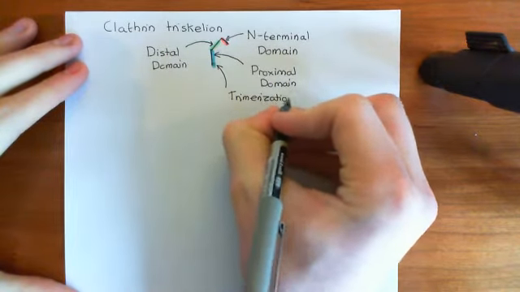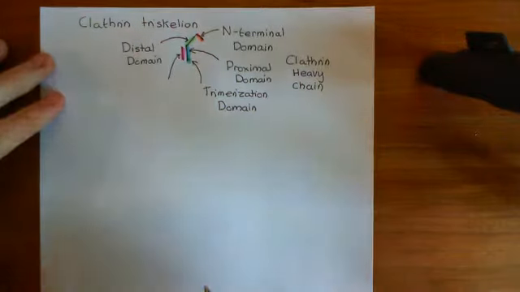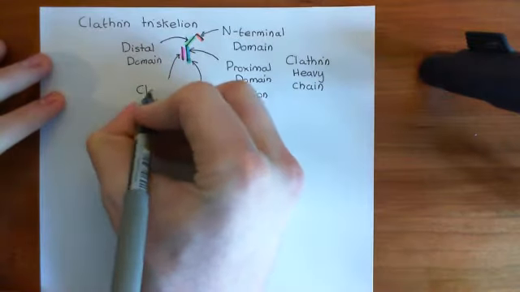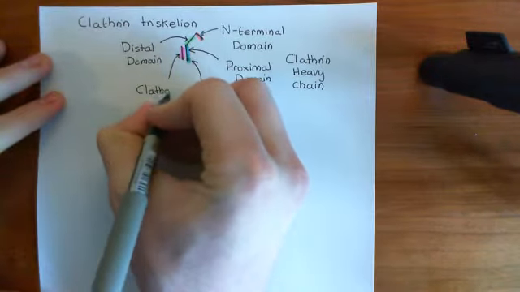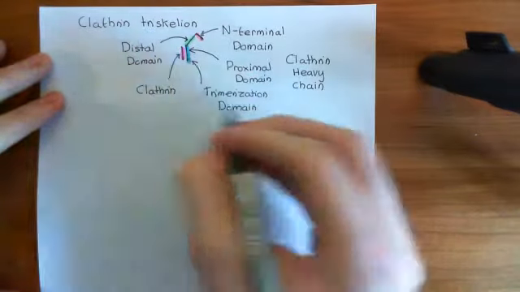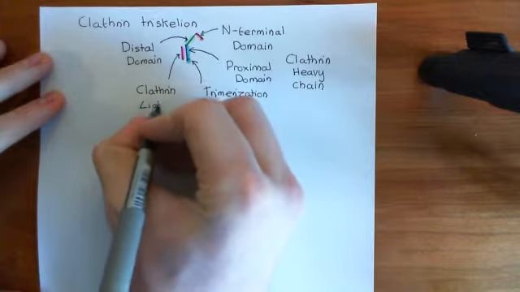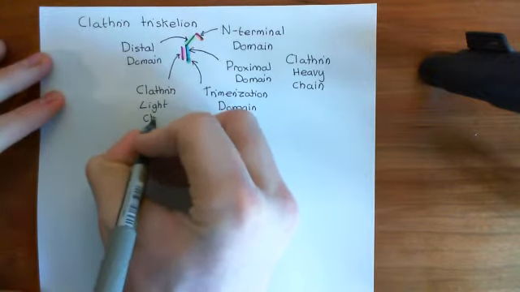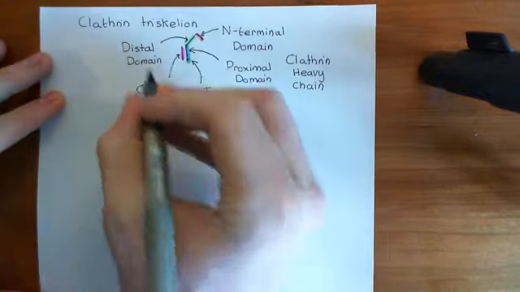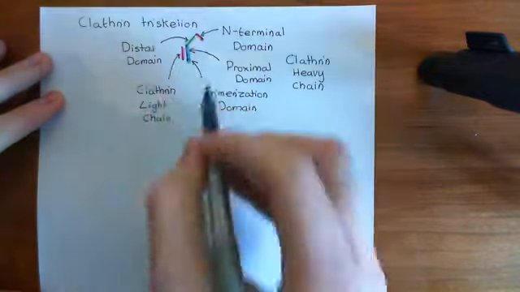This here, which I'll colour in vivid purple, is a separate protein which binds to the clathrin heavy chain, and it's called the clathrin light chain. The combination of the clathrin heavy chain and the clathrin light chain would then be called a clathrin molecule.